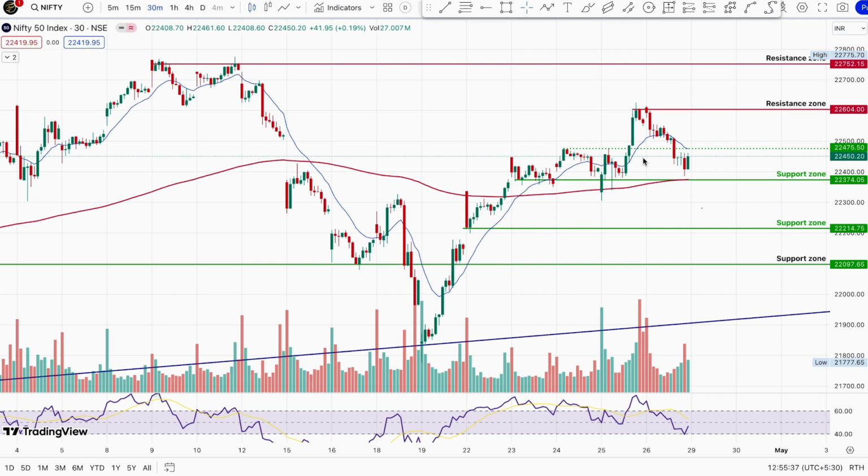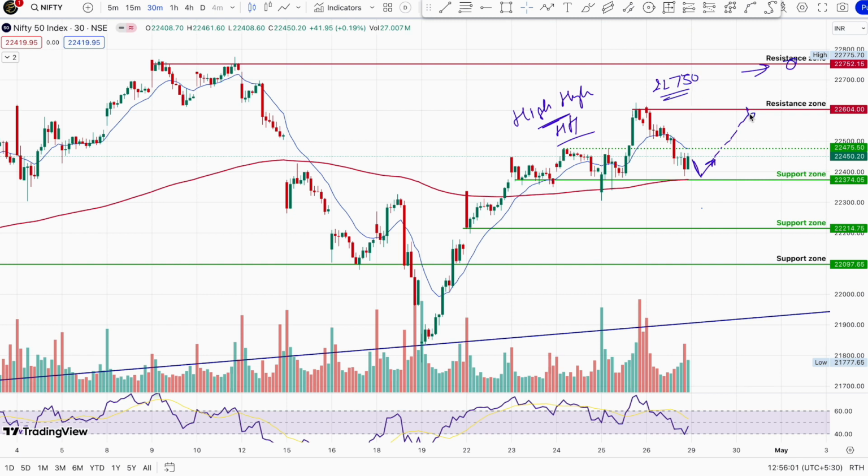So what can be case two? If the market opens near here and then takes support to the upside, the market can continue and go with a higher high, and again touch the level of say 22,750.